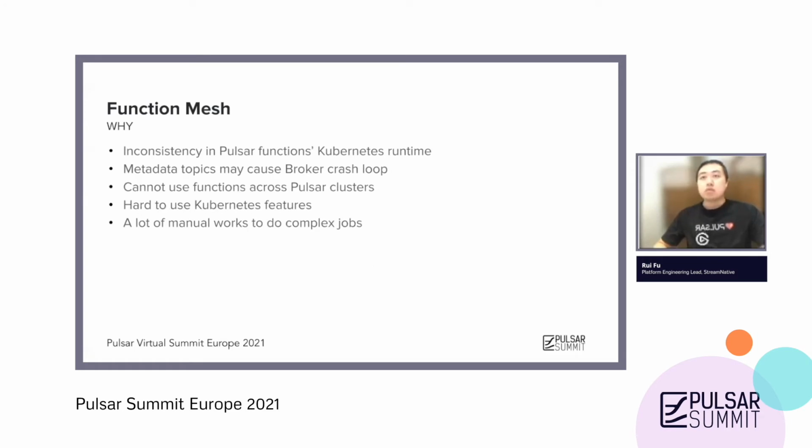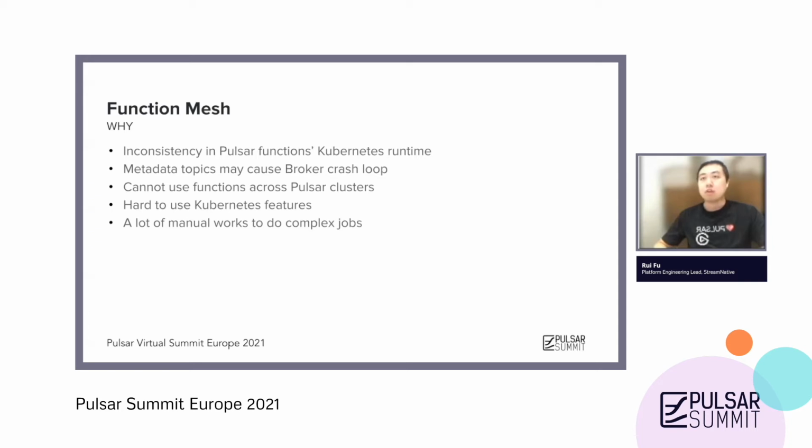Before digging into Function Mesh, I would like to talk about some pain points of Pulsar functions and why we built Function Mesh. As Nam mentioned in the previous section, Pulsar functions do have a Kubernetes runtime. With the Kubernetes runtime, function metadata is stored in Pulsar, and the function's running state is managed by Kubernetes.